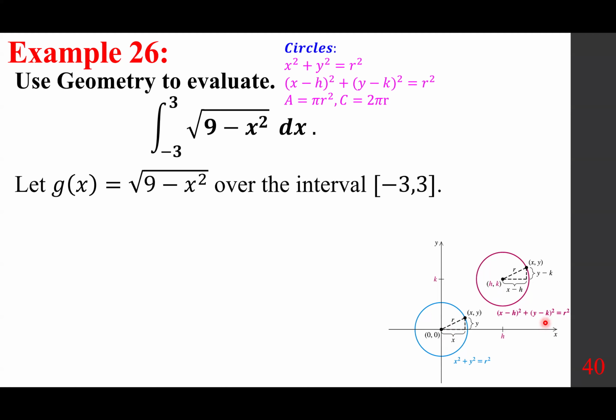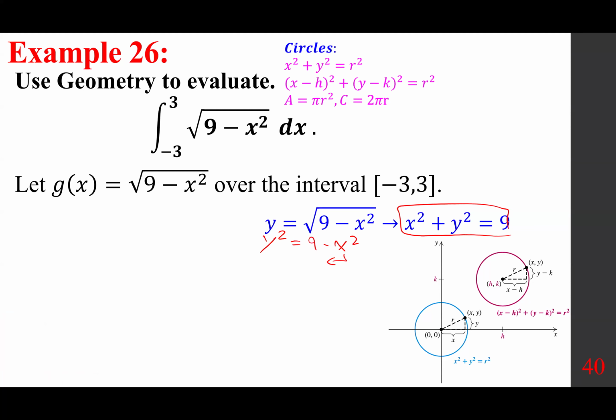So circles, and of course area is pi r squared, circumference is 2 pi r. Information from before. Now let's call this y, and then if you square both sides, class, and bring them to the same side, you get this one.